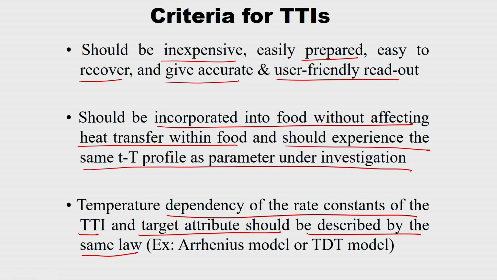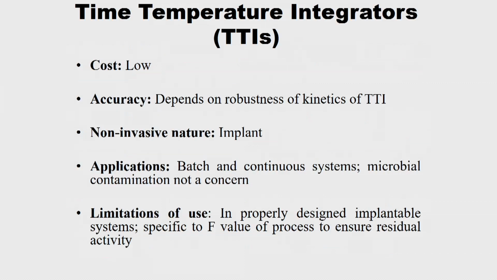My microorganism death rate also follows the Arrhenius model, and in the same way my amylase inactivation also follows the same Arrhenius model, so that my kinetic parameters would be the same for both the TTI as well as the target microorganism. And for time temperature integrators, the cost is low, the accuracy depends upon the robustness of kinetics, and it is non-invasive in nature, because I can impregnate it into the food.